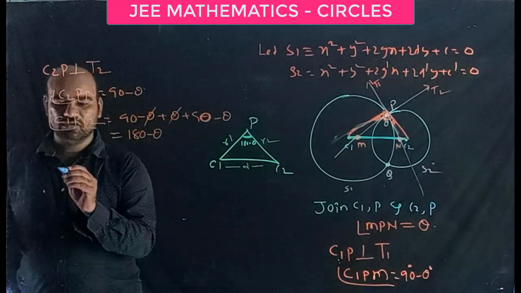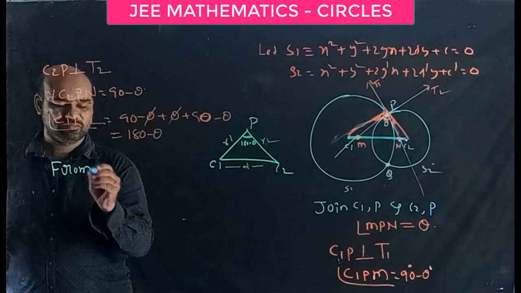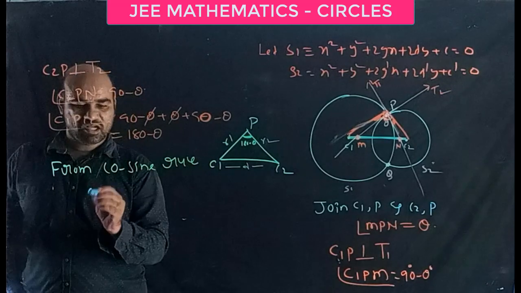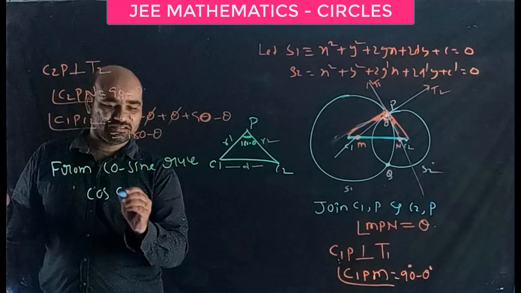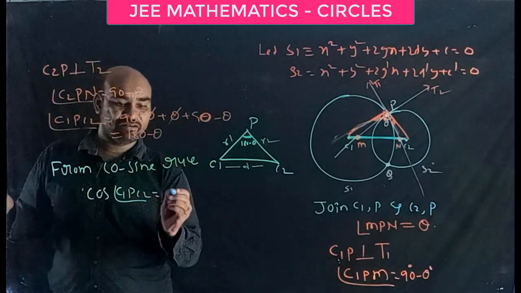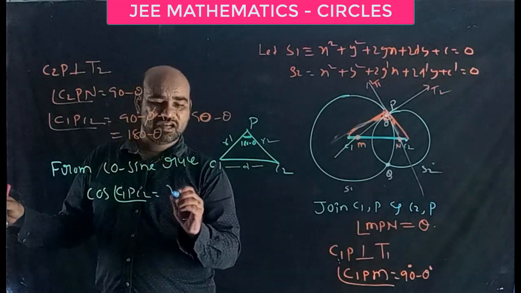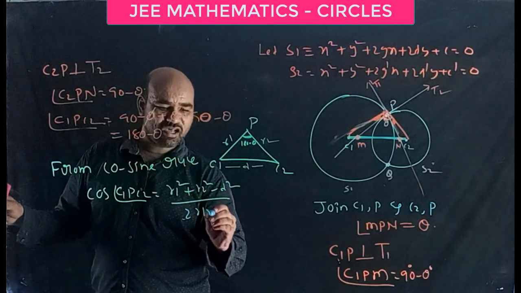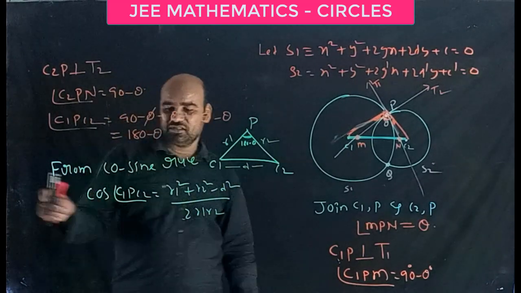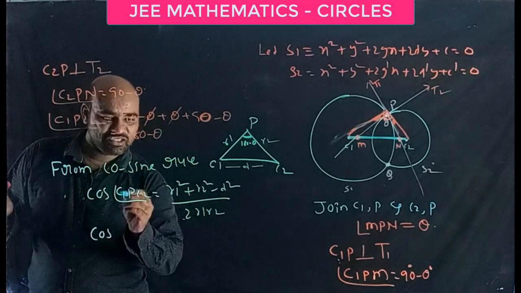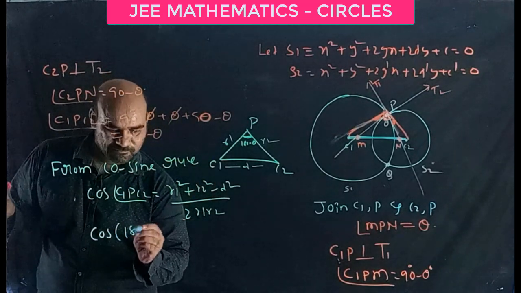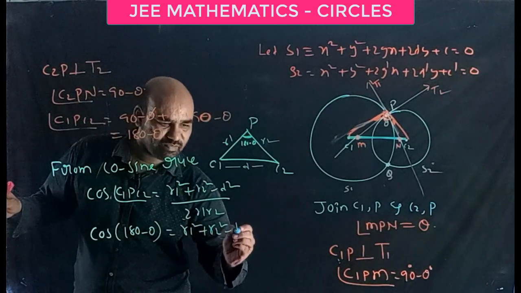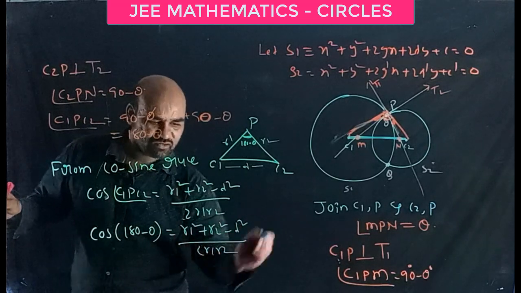From the cosine rule, cos of angle C1PC2 equals, what is the formula? R1 square plus R2 square minus D square by 2R1R2. Next, cos of C1PC2 means cos of 180 minus theta equals R1 square plus R2 square minus D square by 2R1R2.